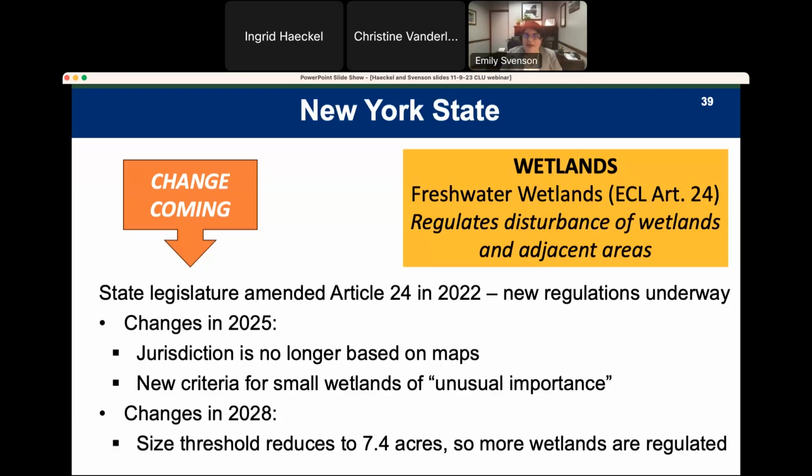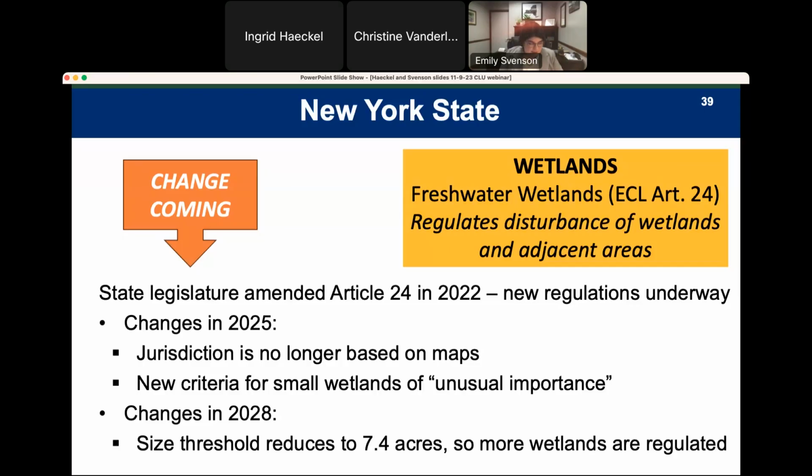So if these are issues that are important to you and your community, you can keep an eye out for the draft regulations, and it'll be an opportunity to comment if there are things that you want to urge the state to include in the final regulations. The statute change did give direction to what those changes are going to be, and that's what we're going to go over right now.